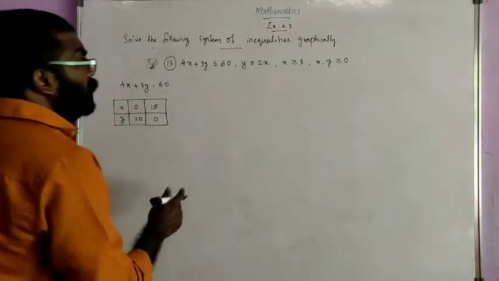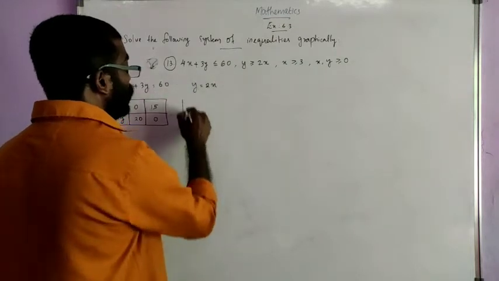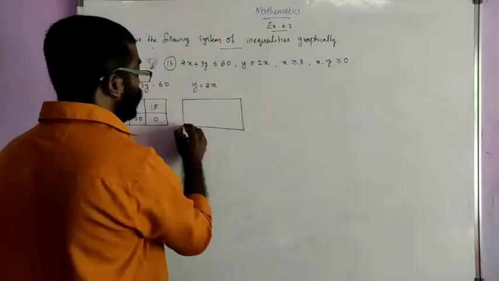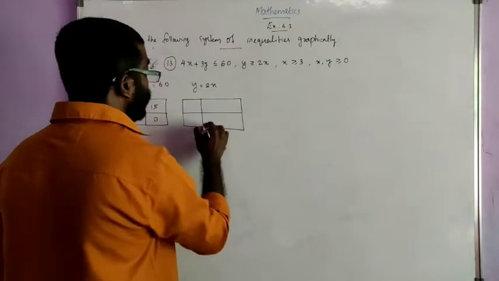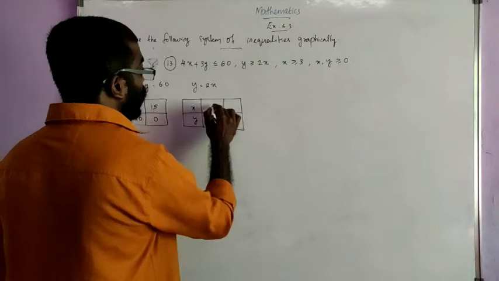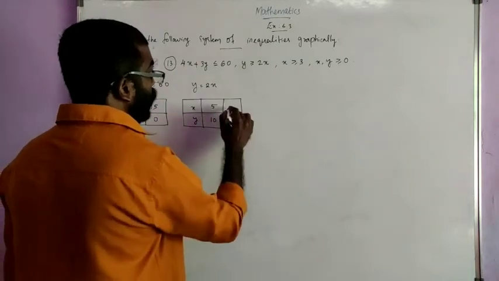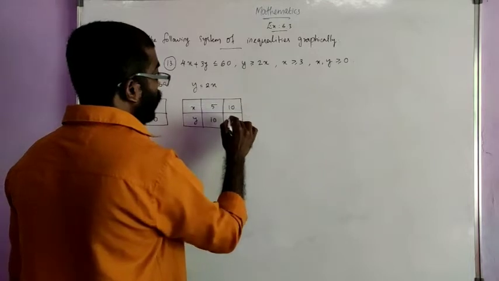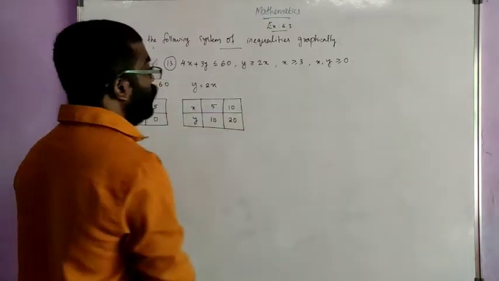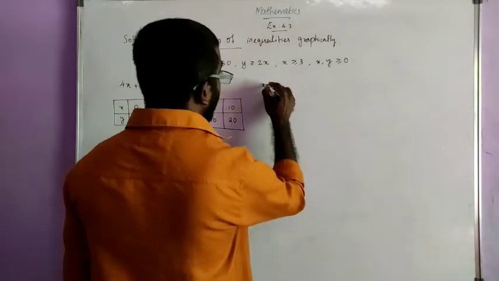And the next one is y is equal to 2x. When x equal to 5, y is equal to 2 into 5, 10. And when x is equal to 10, y is equal to 2 into 10, 20. x greater than or equal to 3, that is x equal to 3.